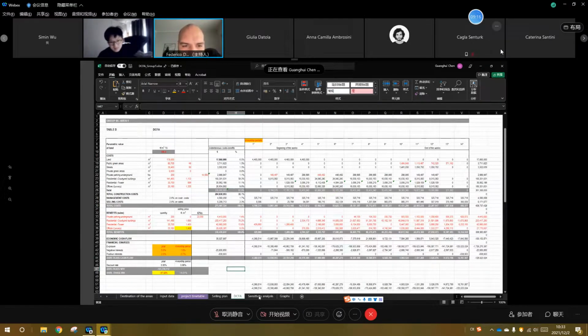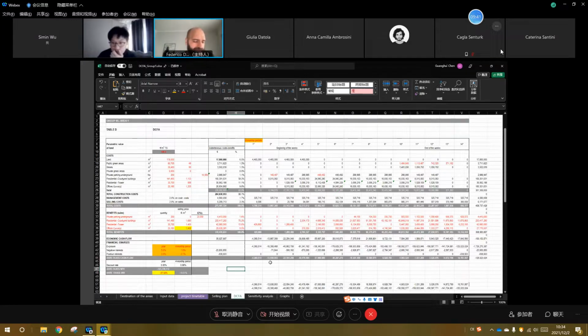Why? Maybe the benefits are lower compared to the cost, because in calculating the difference between benefits and cost, the net benefits are very low. I don't know.